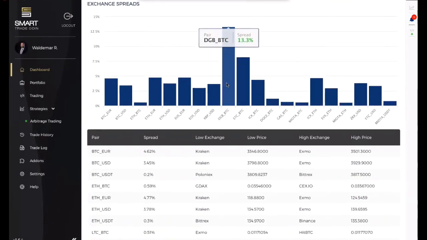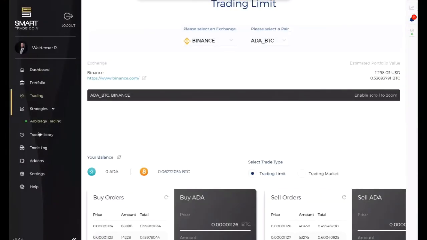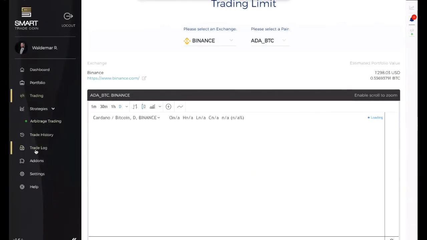What else? Yes, once again, you can check it before you go for any pair. You choose this pair, here for example ADA, and look at whether there are any orders to buy and sell on this exchange. I can see the liquidity here too, for example.